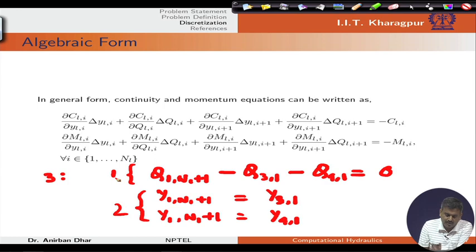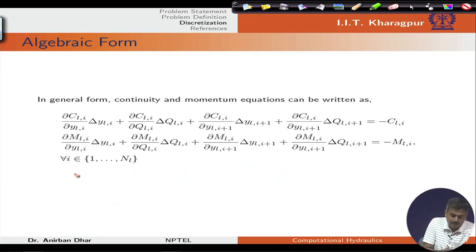Obviously, in this case I am considering the junction loss. In the junction we do not have any loss condition. If I consider the channels, for junction node 4 we have Q3 N3 plus 1 being added.